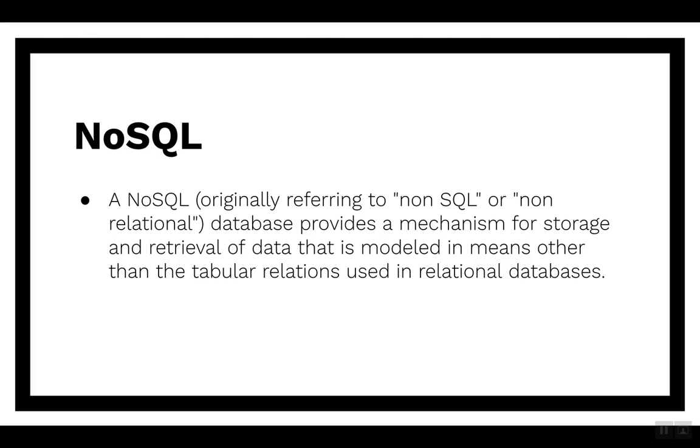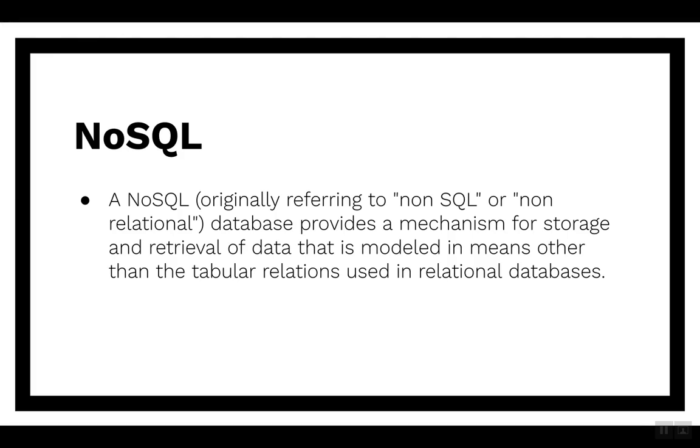The third one is wide column stores. Wide column stores are NoSQL databases which store data in tables with rows and columns similar to relational database systems, but the names and formats of these columns can vary from row to row across the table. And finally, the last category of NoSQL databases is graph stores, which are relatively new.